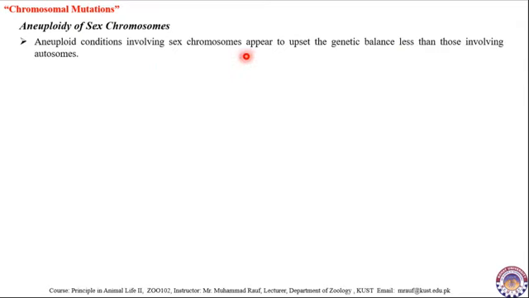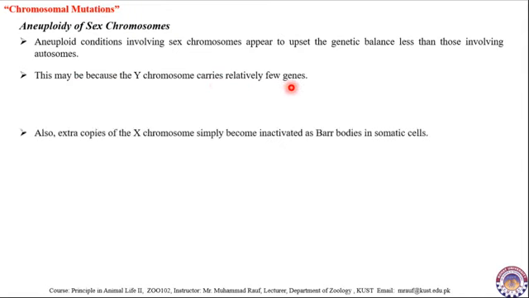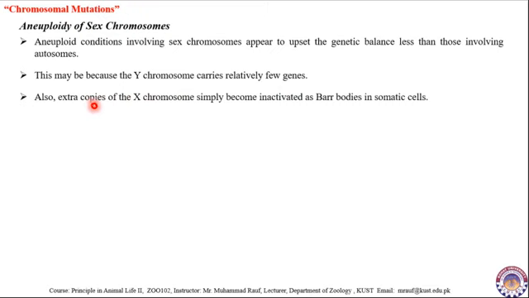We have already discussed that statement. This may be because the Y chromosome carries relatively few genes. Also, extra copies of the X chromosome simply become inactivated as Barr bodies in somatic cells.